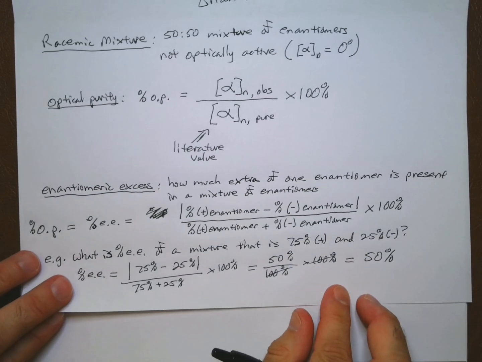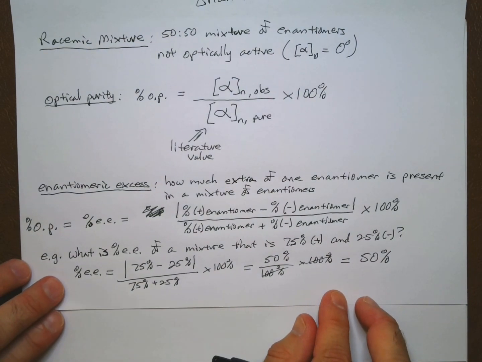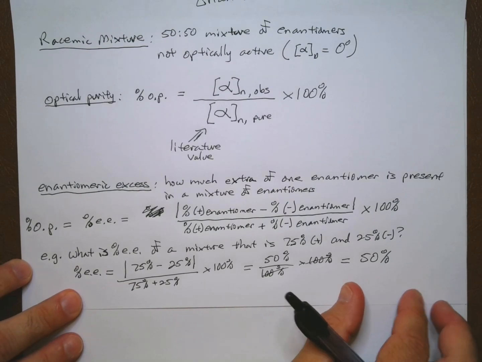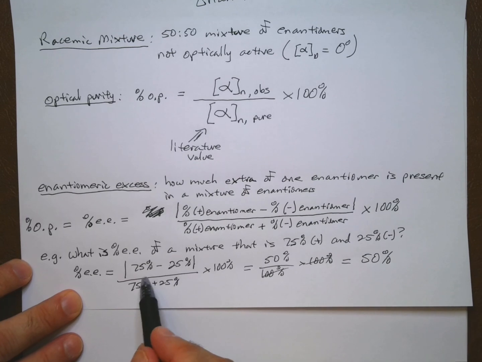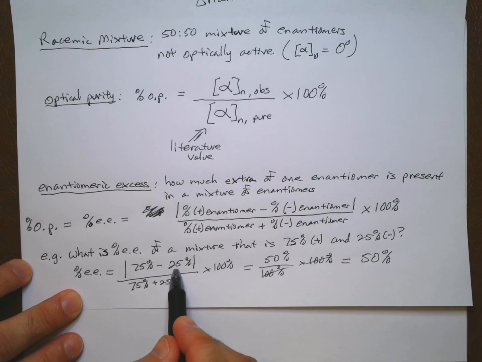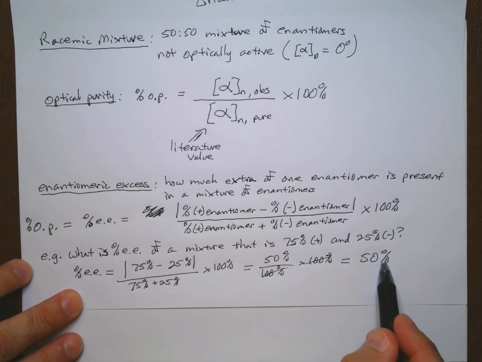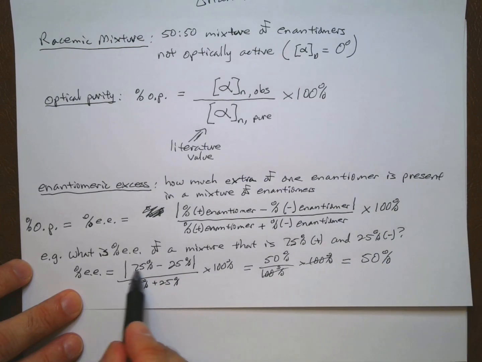What this is really saying is that if we look at our mixture, part of the mixture is racemic. So in this case, we've got 75% plus enantiomer, 25% minus enantiomer. So if we took out the 50% excess plus enantiomer, we would have a racemic mixture.